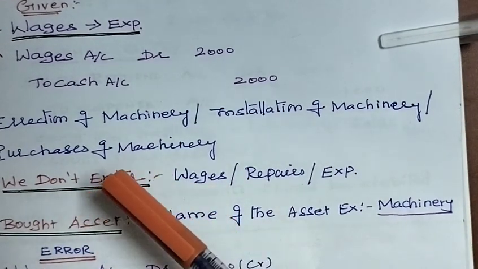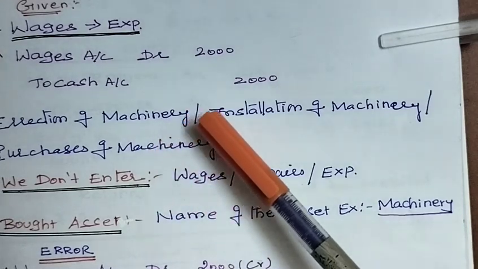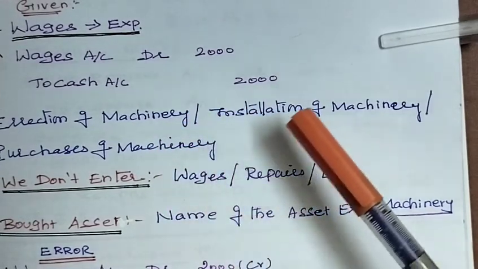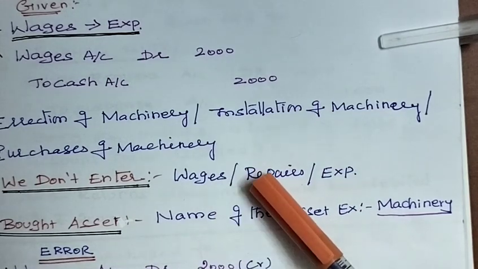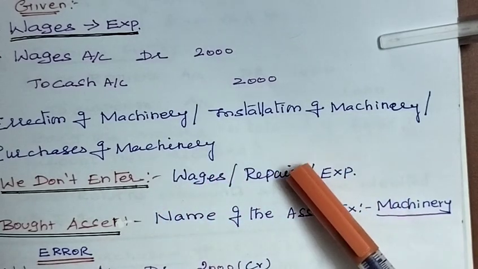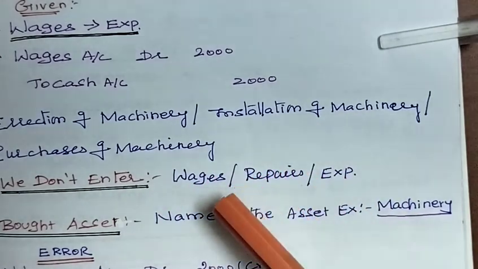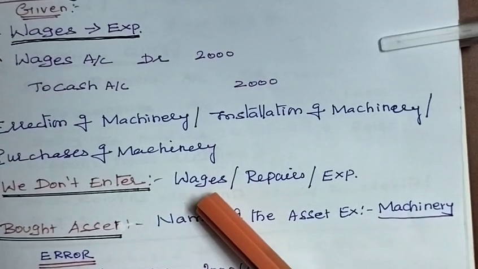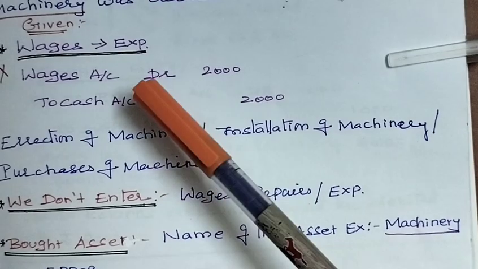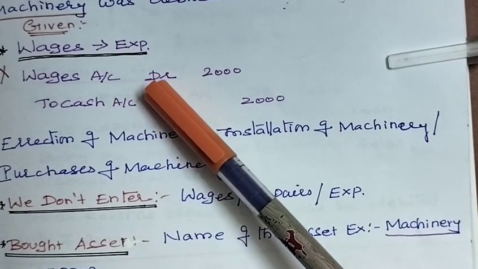If you paid wages to a person for the machinery, or repaired the machinery, you don't enter the repair expenses or wages charges into the journal.